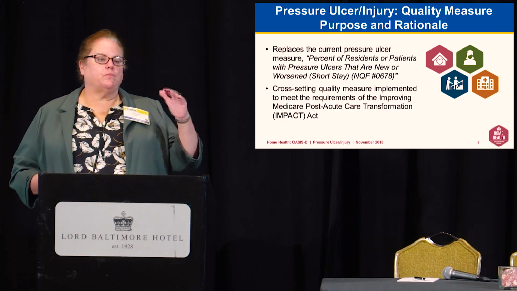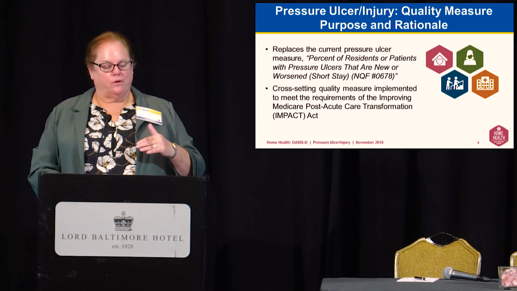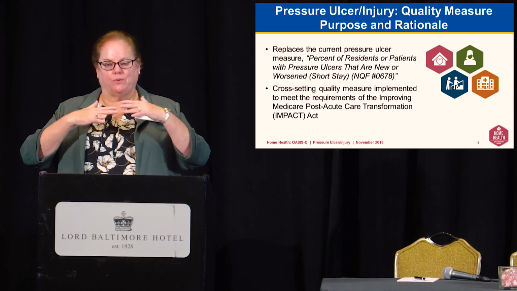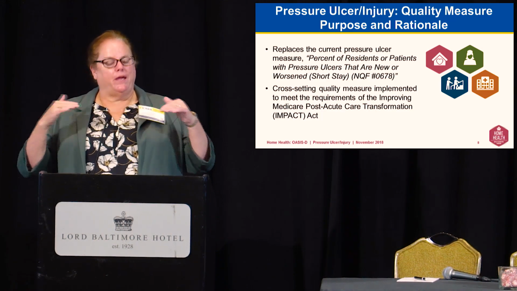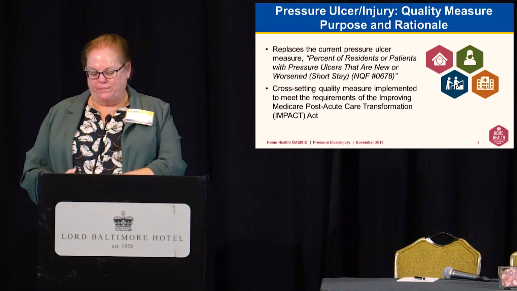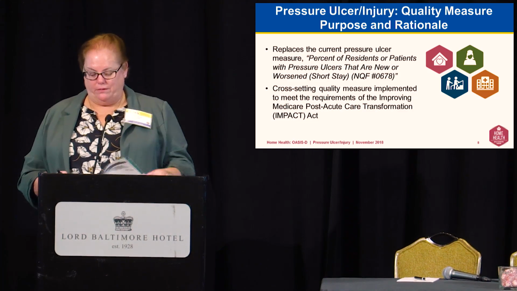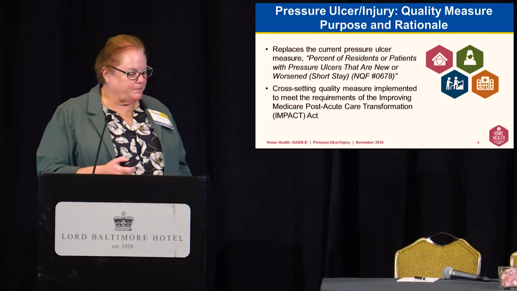So as you notice, as we've been going along with all of these trainings over the last couple of years, we're adding more measures that are now aligning. It's taken some time to align these measures across all the post-acute settings. And then we have those, so we're looking at apples to apples, unlike the jackpot fruit that Kathy was talking about this morning.